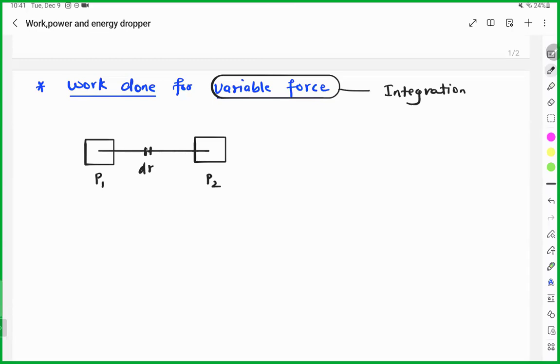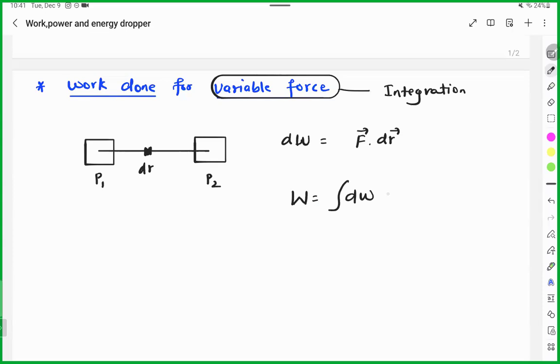So for a small component dr, how will you calculate work done? Force dot displacement, correct? Small work done, this is the value. If we want to calculate total work done, W, how to calculate? Integration.